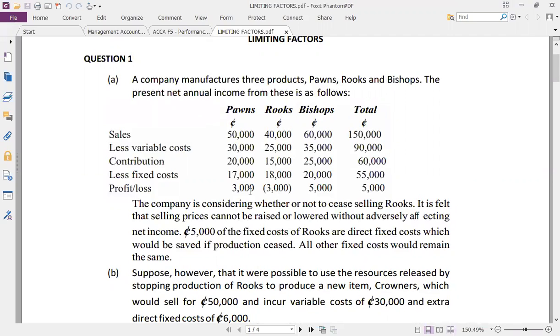Shutdown decision, that's question one, on the limiting factor. Let's look at question one, 1A.